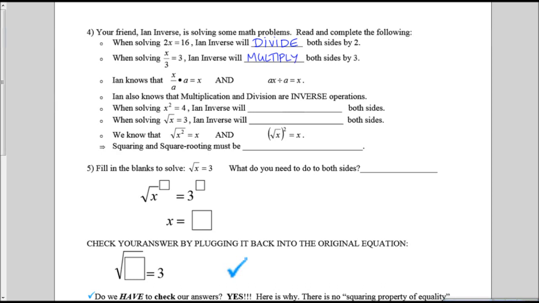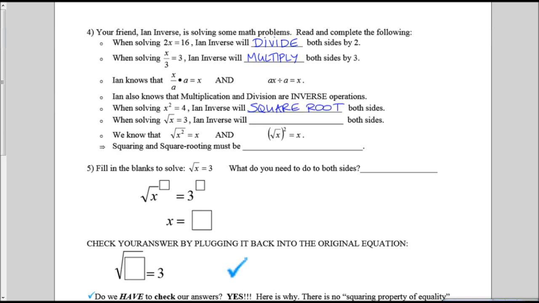Ian knows that x divided by a times a equals x, and ax divided by a equals x. Ian also knows that multiplication and division are inverse operations. When solving x squared equals 4, Ian Inverse will square root both sides.